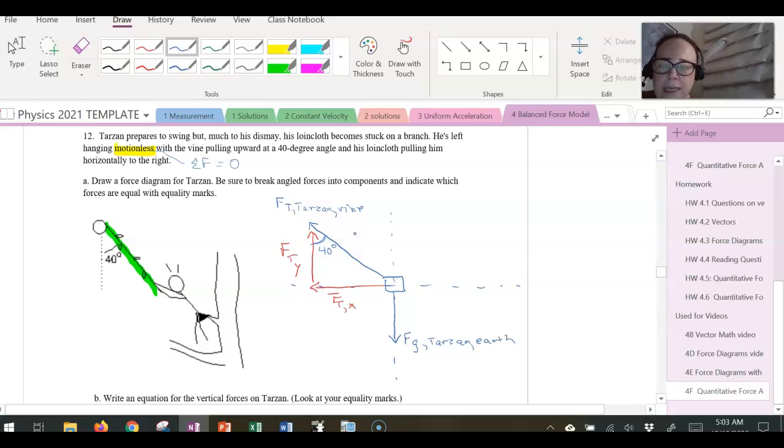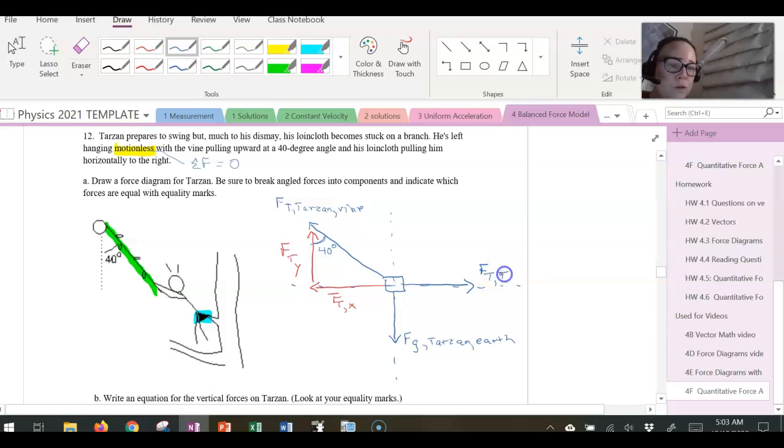Okay. And let's see, are there any other forces? Oh, well, what about his loincloth right here? You know, that's kind of like a rope or a belt or something like that. I mean, it's a piece of fabric that has caught on a branch. So that's also exerting a tension force. And it looks like that is in the horizontal direction.